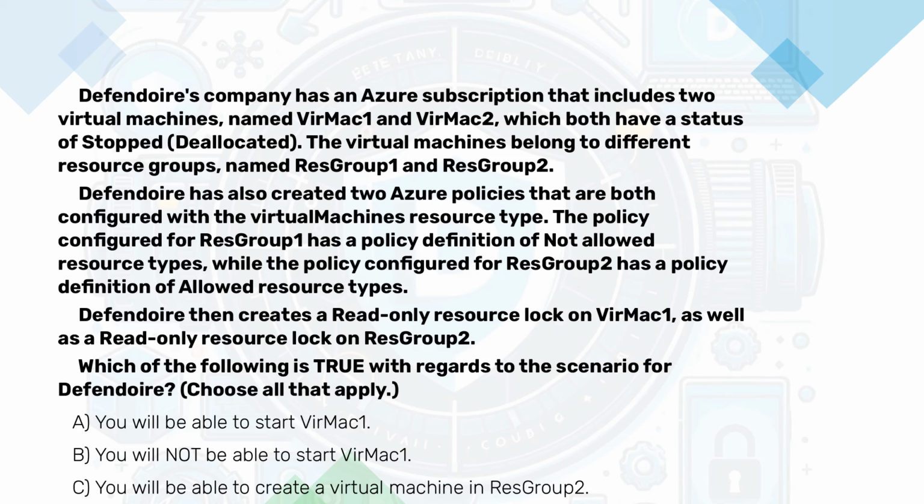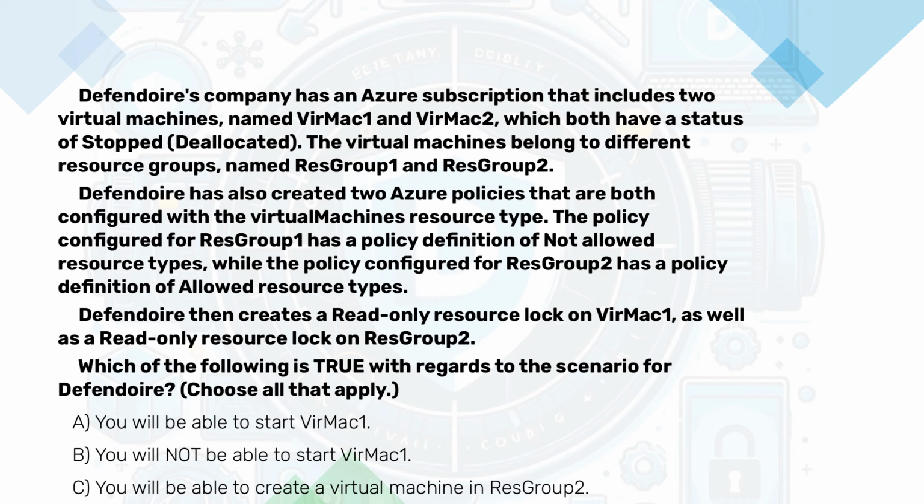Our company has an Azure subscription that includes two virtual machines, which both have a status of stopped. The virtual machines belong to different resource groups. We have also created two Azure policies that are both configured with the virtual machine resource type.